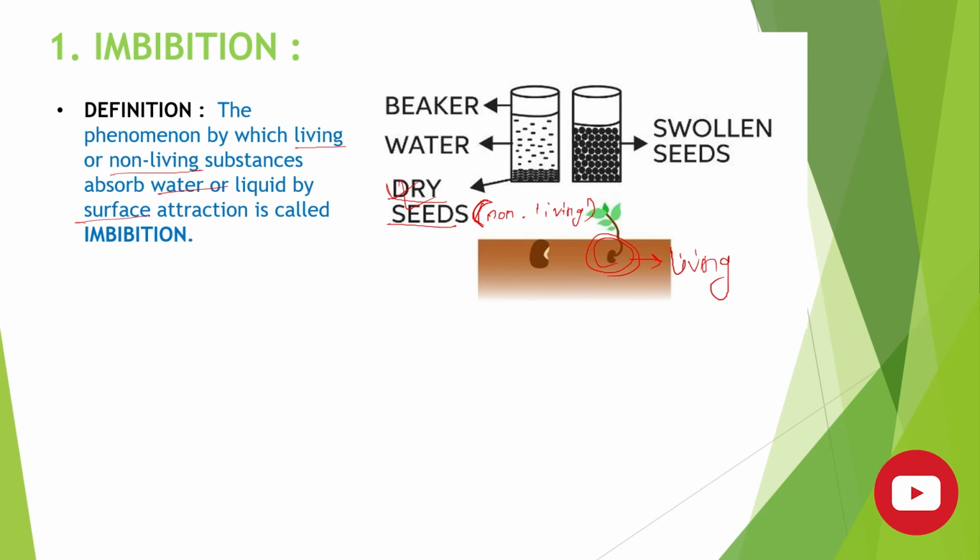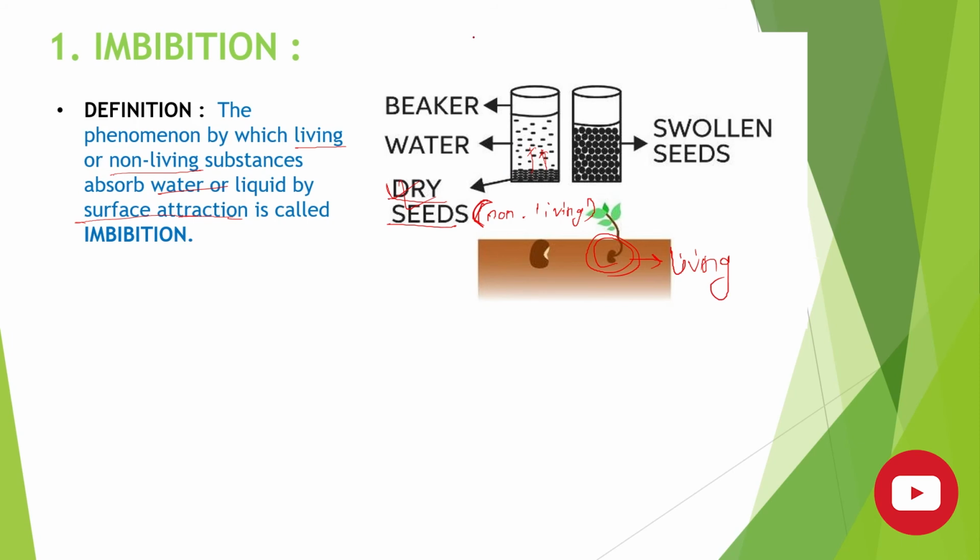What is surface attraction? Surface attraction in biology means nothing but a simple force of attraction. In this case, the dry seeds are attracting the water molecules towards them to go inside them.